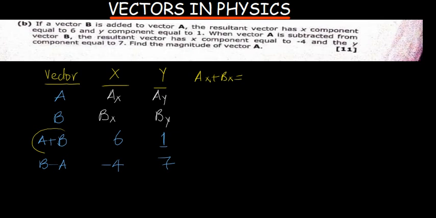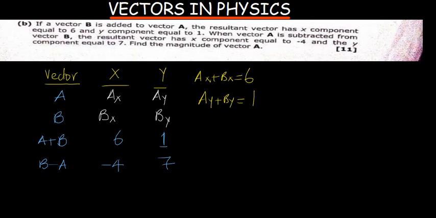So the x component of a plus x component of b is going to give us a 6. That is what you can see there. And then again, this same a plus b, we're also going to add the y components. So on the y components, that is going to be ay plus by. When we add them, it's going to give us a 1.